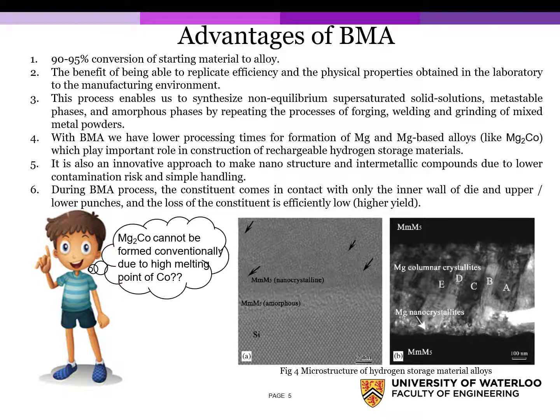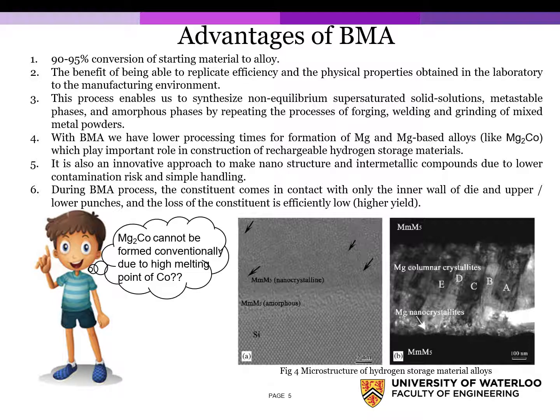Following are the advantages of the BMA process. 90 to 95% conversion of starting constituents to alloys takes place through the BMA process. The benefit of being able to replicate the efficiency and the physical properties obtained in the laboratory in the manufacturing environment is another plus point of BMA.